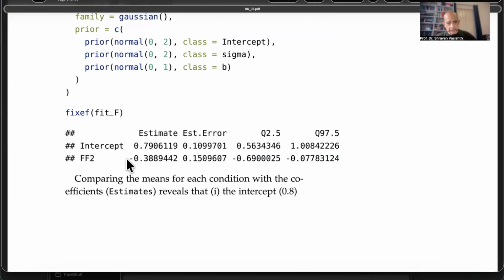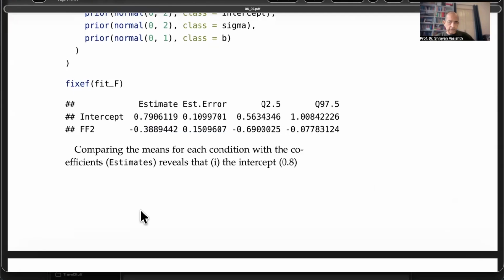Therefore the difference between the two is given here as 0.4. So the difference between level f2 and f1 is minus 0.4, right? And of course these numbers are not exactly 0.8 and minus 0.4, and the reason is just the problem with floating points in computers, right? So there's some variation there.